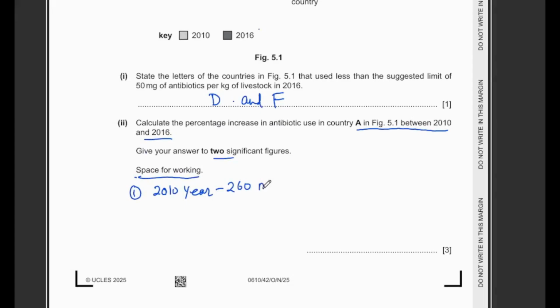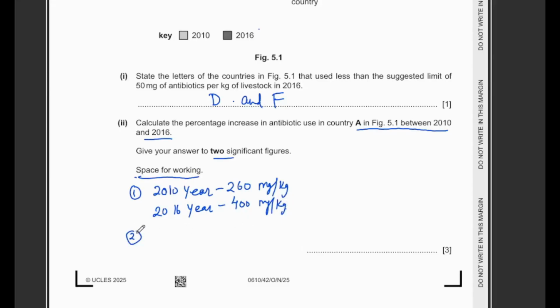In 2016, it is 400. Fine, this is what we have for the first mark.